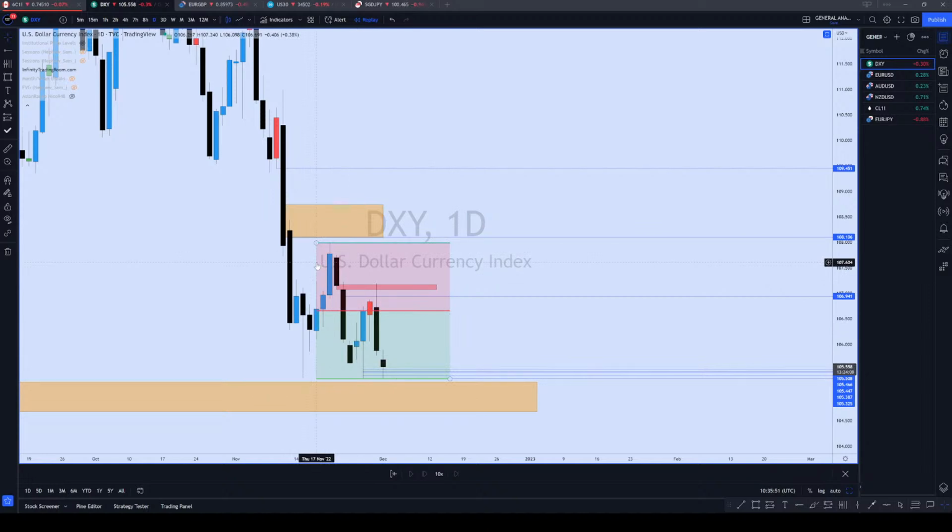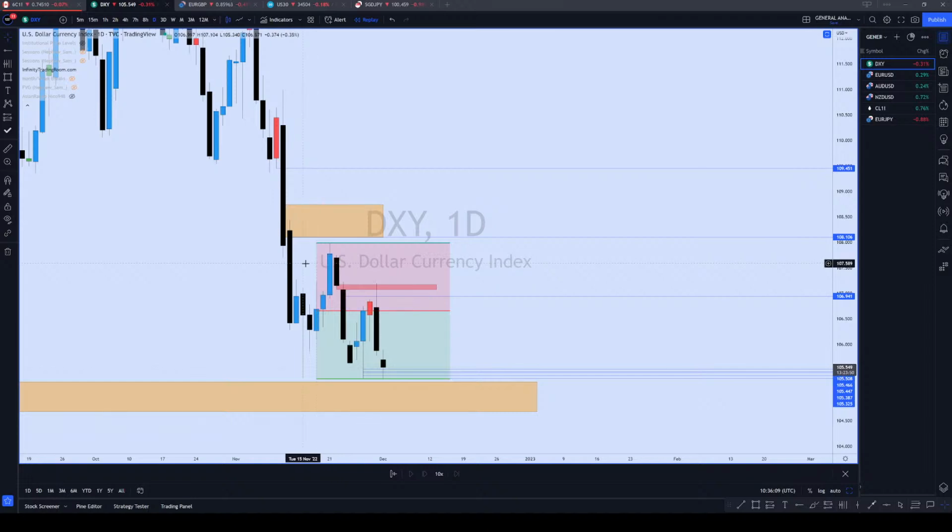On a daily time frame, always look for the range that price is trading within, and then know whether it's going to expand outside the range to the upside or to the downside.